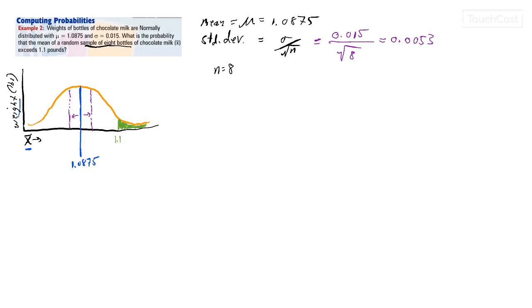So now I can figure out that this here is 0.0053 more than 1.0875. If I just add that number to each side, I should get the spread here.